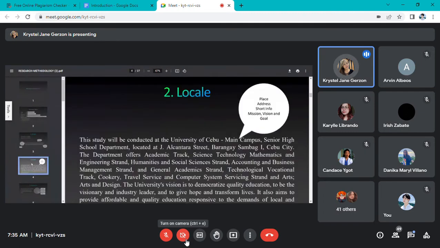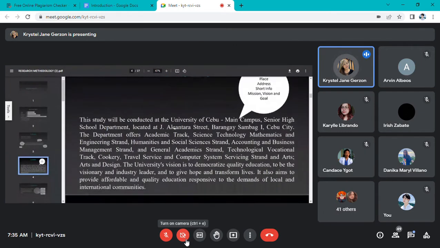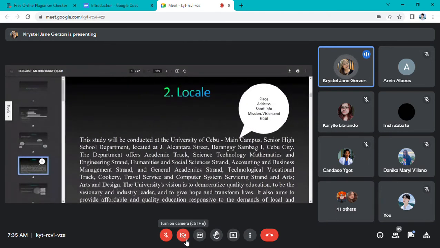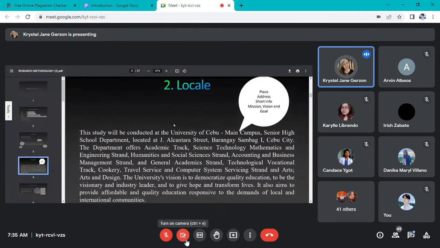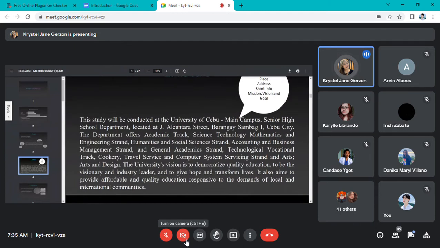Then after discussing or introducing your design, you will move to discussing your research locale or your research environment. Here, you would simply tell us where you are going to conduct the study. I think there is no study outside the University of Cebu.